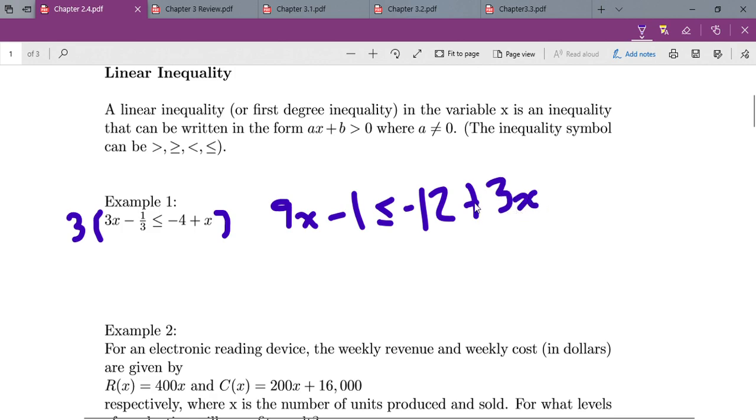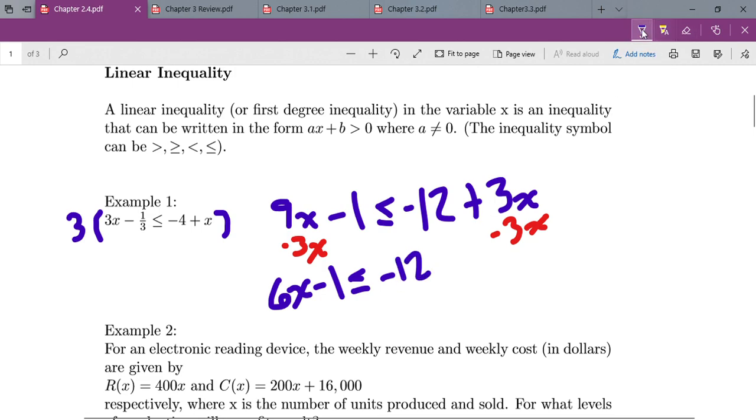Okay, so now all we got to do is get the x's together and get the constants together, and we'll be good to go. So I'm going to subtract off 3x to start with. So what I get here is 6x minus 1 is less than or equal to negative 12.